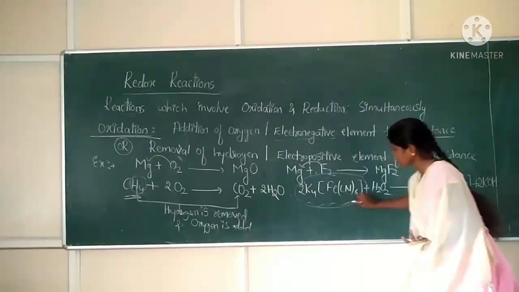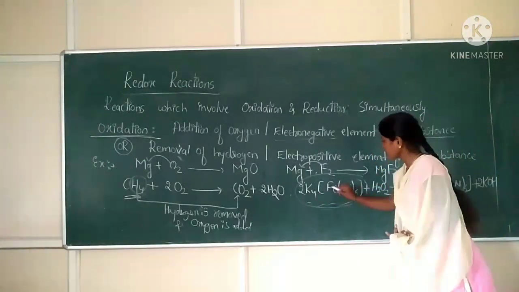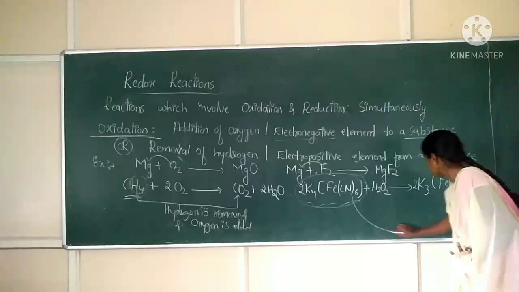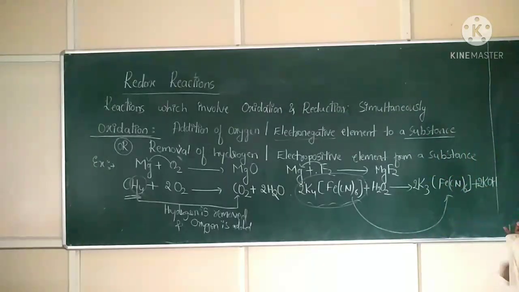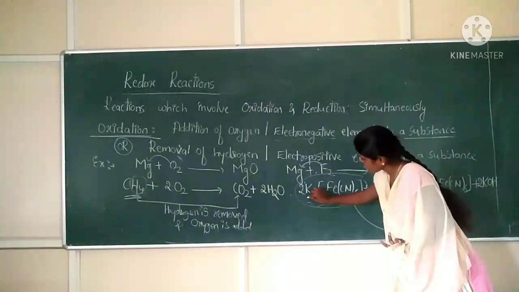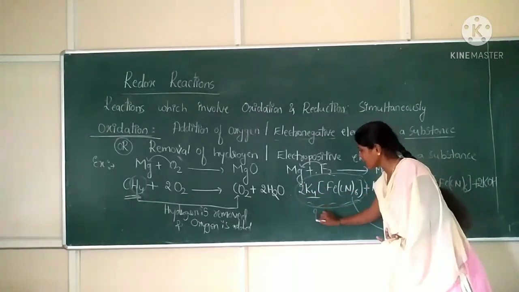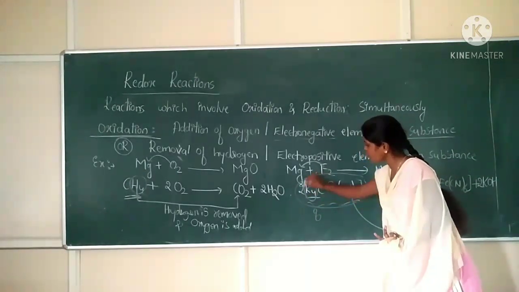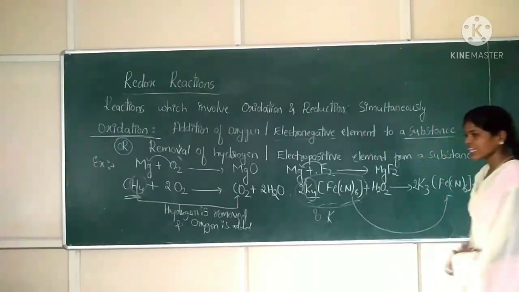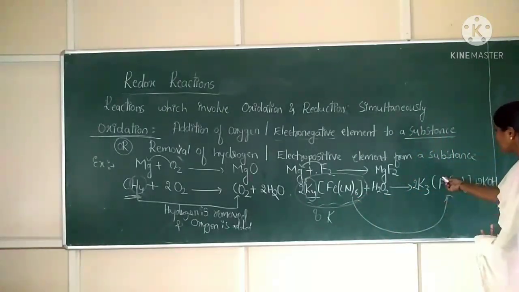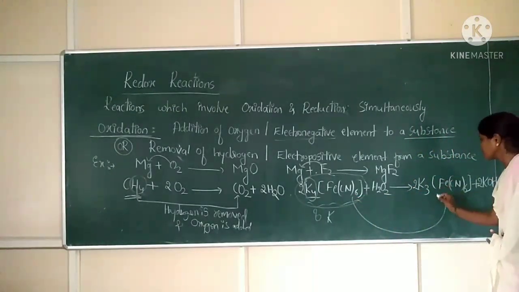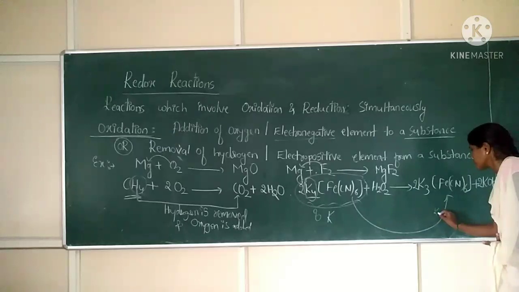So this is your substance. Now, K4FeCl6 is converted into K3FeCl6. How many potassium are there here? 4 potassium are there at the reacting side. Now, at the product side, how many potassium are there? Only 3 potassiums are there.